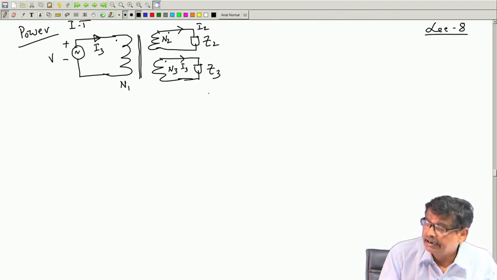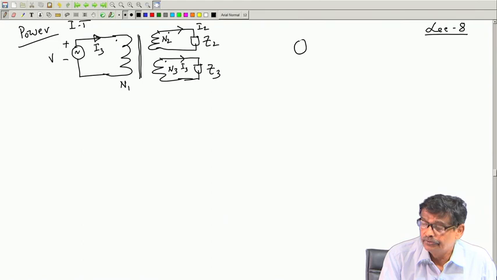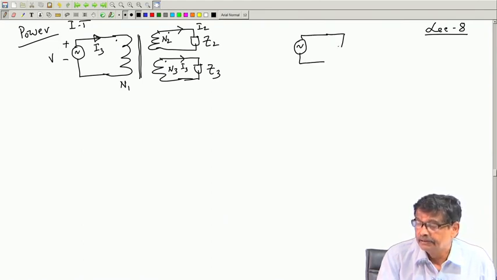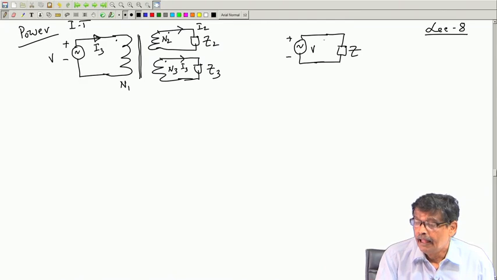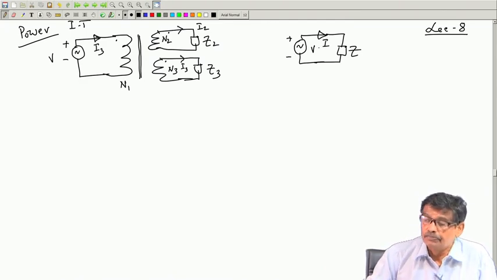And you know that in an AC circuit, suppose you have a source and you have an impedance here, Z, a source is there V, and this is suppose the current. The direction of the current I have assumed.